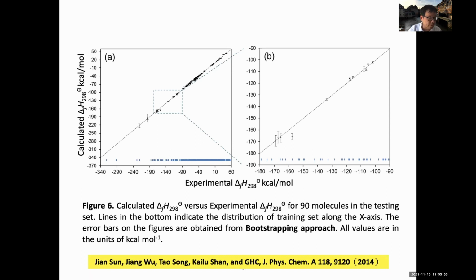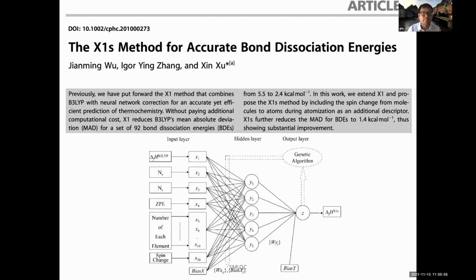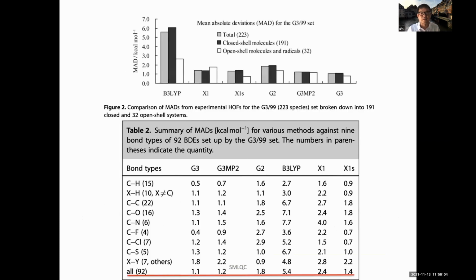When the density is very high, the uncertainty of prediction is very small. But when the data is sparse, the error bar is large. Anyway, I want to say Professor Xu also did very nice work along this line, but I don't have time to get into detail.